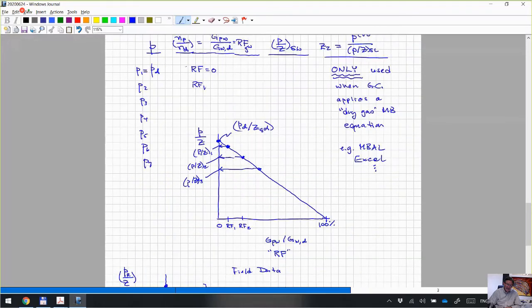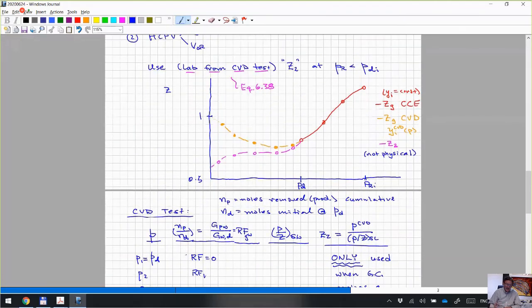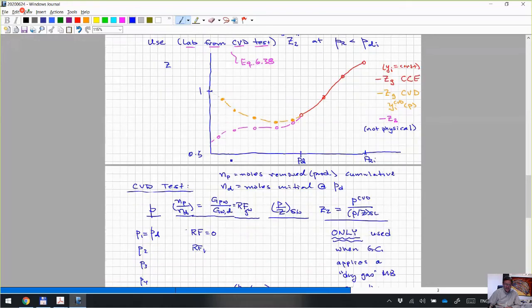Now, I would have hoped, because I know myself, I couldn't figure out why does this have this non-physical behavior? What's the reason for that? It's totally nonsensical the way that it's turning.